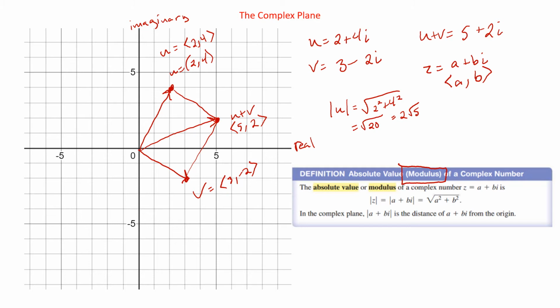So what about stuff that we don't know? The polar form of a complex number. We can write the complex numbers in polar form. Now, we didn't talk about this in polar form, but we did talk about it as vectors.